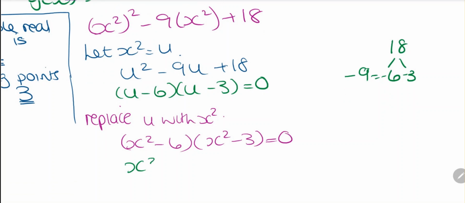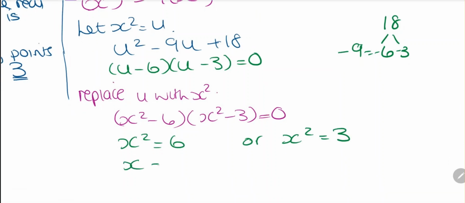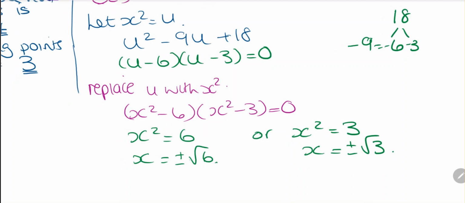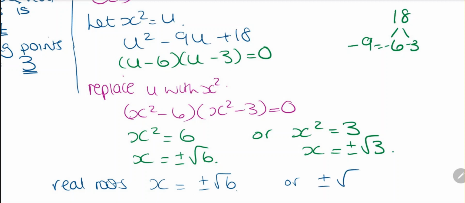So x squared is going to be equal to 6, or x squared is equal to 3. So now we need to take the root, and x will be plus or minus the root of 6, or plus or minus the root of 3. So we've got real roots at x is equal to plus or minus root 6, and plus or minus root 3.